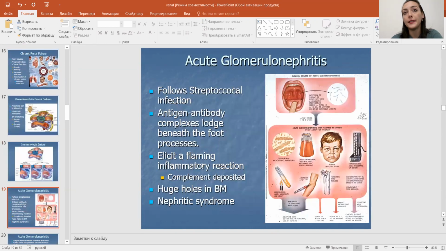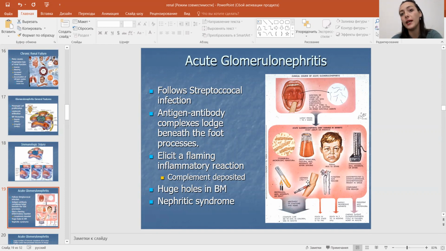Acute glomerulonephritis follows streptococcal infections after tonsillitis. Antigen-antibody complexes lodge beneath the foot processes and elicit inflammatory reactions, complement is deposited, and there are huge holes in the basement membrane.